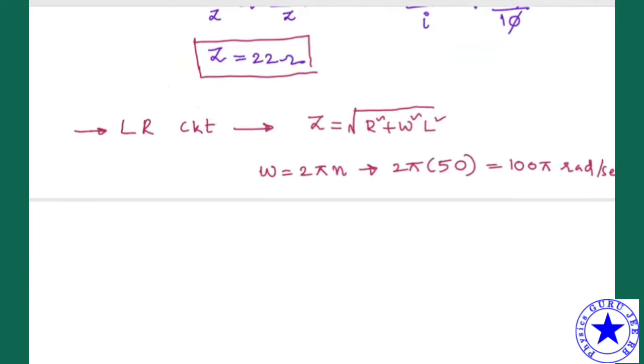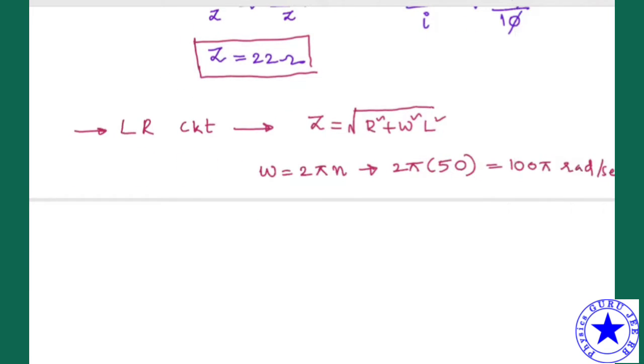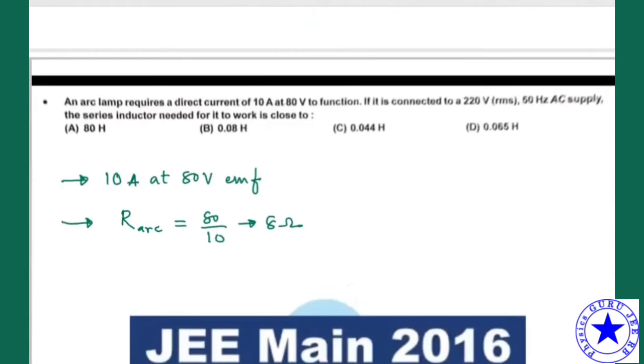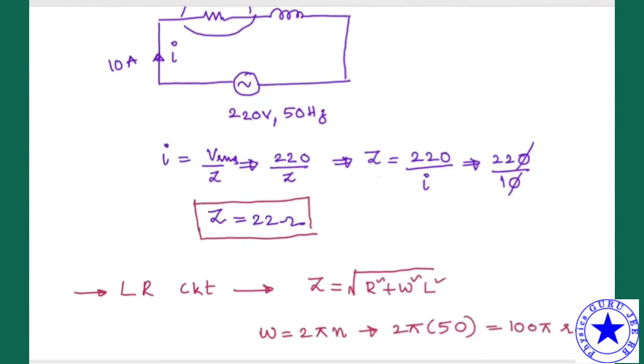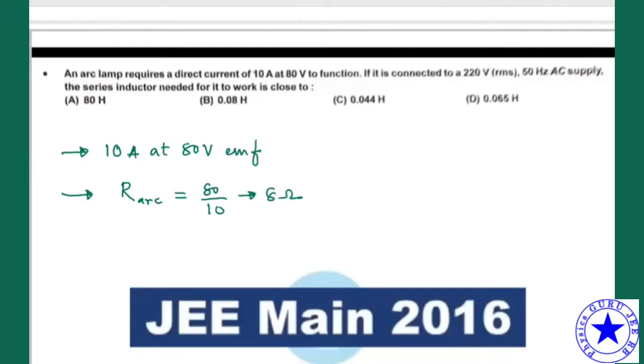Okay. Now if I substitute the values, Z we already calculated as 22, equals the square root of R square plus omega square L square. Now the resistance R is given as 8 ohms.